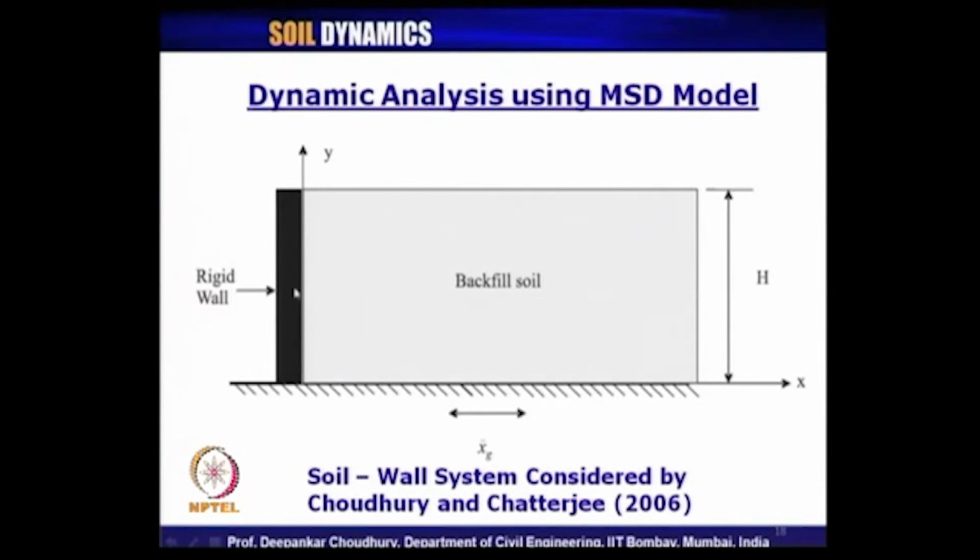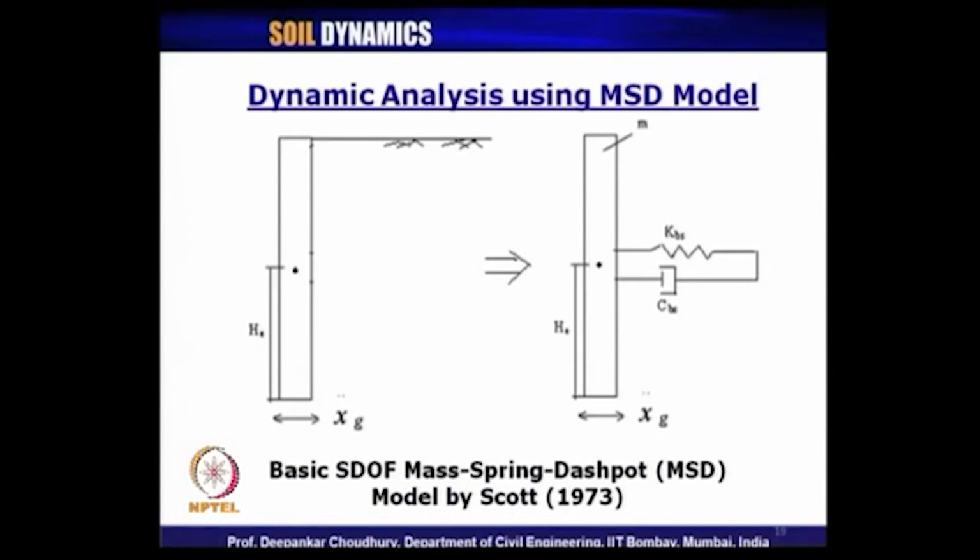We are considering simple vertical face retaining wall and a horizontal backfill, and different excitations of dynamic load we can apply here at the base of it. So, this is the acceleration we are applying, x g double dot. This was considered by Chaudhary and Chatterjee in 2006. Similar model was taken by the pioneering work, as I have mentioned, by Scott in 1973.